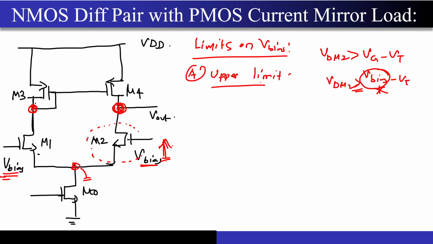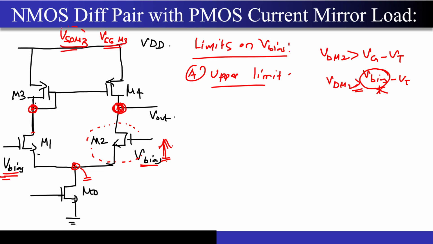Now the way to do it is, if I look at M1, and this particular transistor, there are two things. There is a VSD of M3 and there is a VSG of M3, correct?